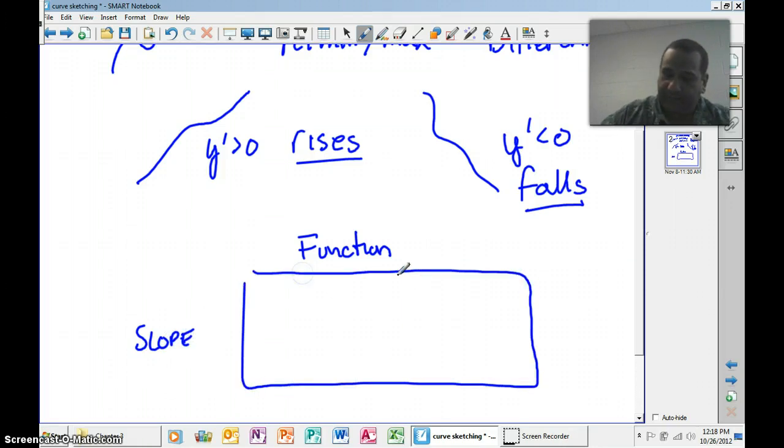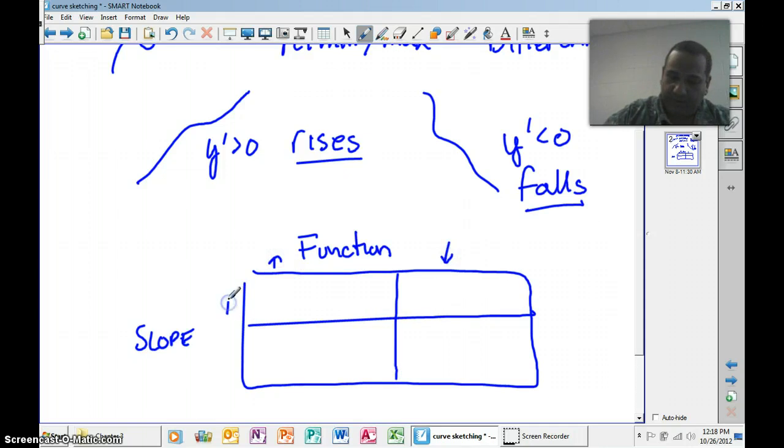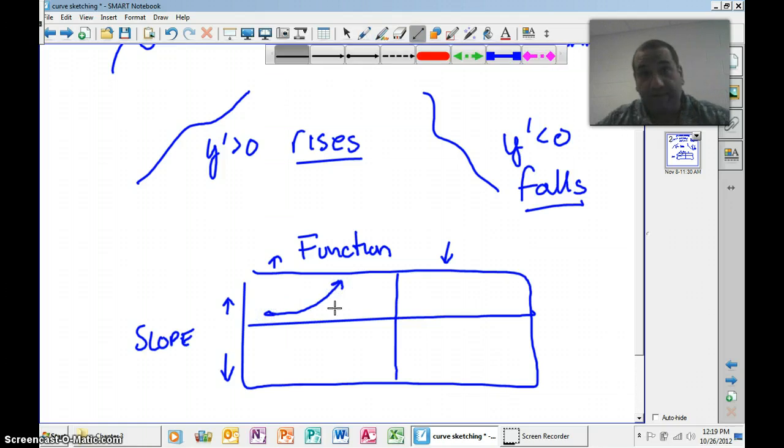Okay, if the function is increasing or decreasing, then the slope is increasing or decreasing. So let's talk about this. If the function is increasing and the slope is increasing, that means it's going that way. Because if you check out all the lines of the derivative, look at all these slopes. They're getting bigger and bigger, or steeper and steeper. Okay, and the function's also increasing.